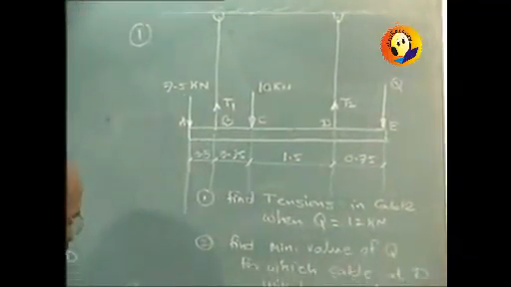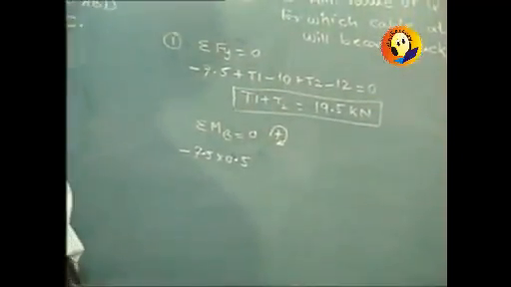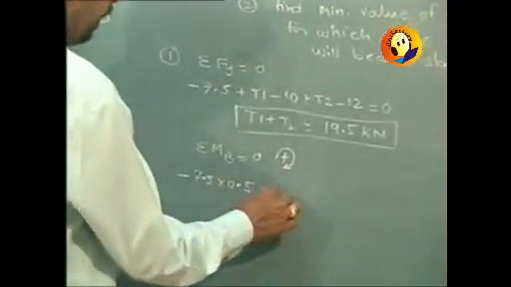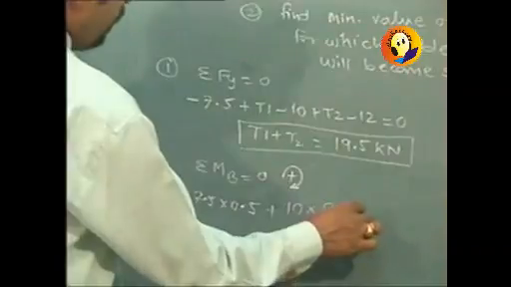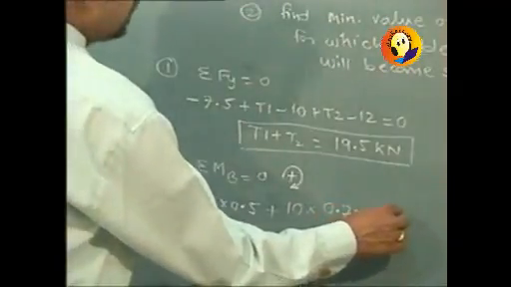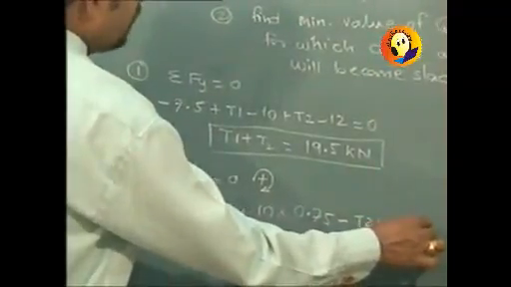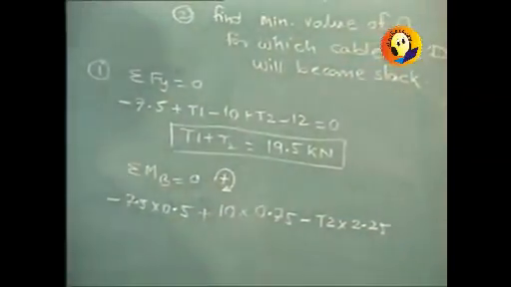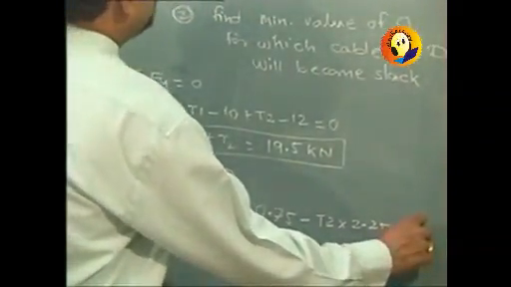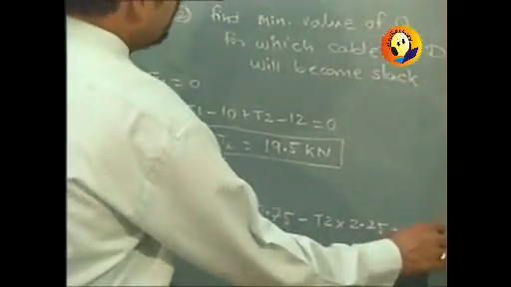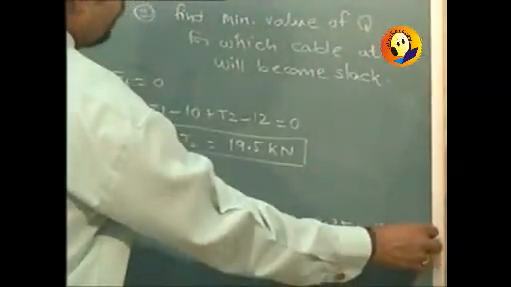First, we have already written 7.5 into 0.5, then plus 10 into 0.75, then minus T2 into 2.25, which is 0.75 plus 1.5, and then plus 12 into, you will have to add all these, into 3 is equal to 0.